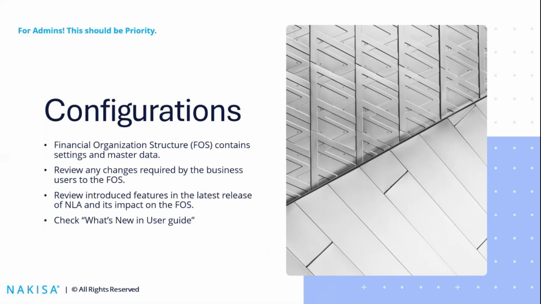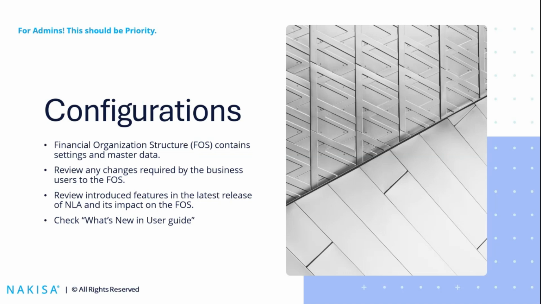Before we start with any of the steps that I mentioned previously, I suggest that we make sure that the configurations are taken care of. It's for the admins only, and it should be a priority.